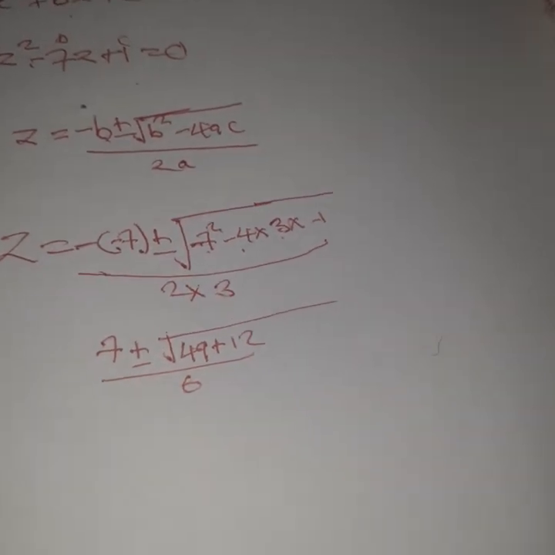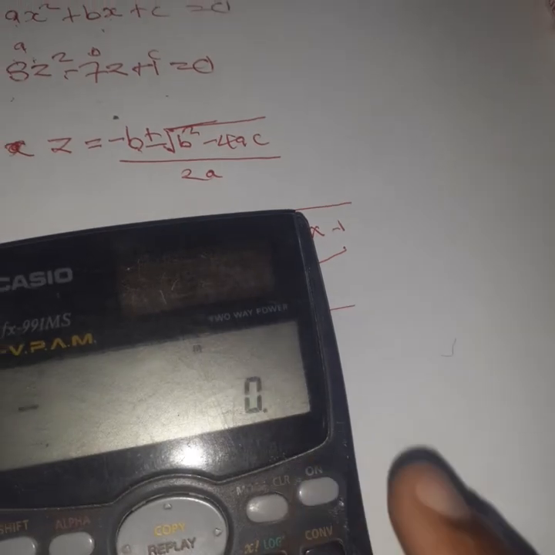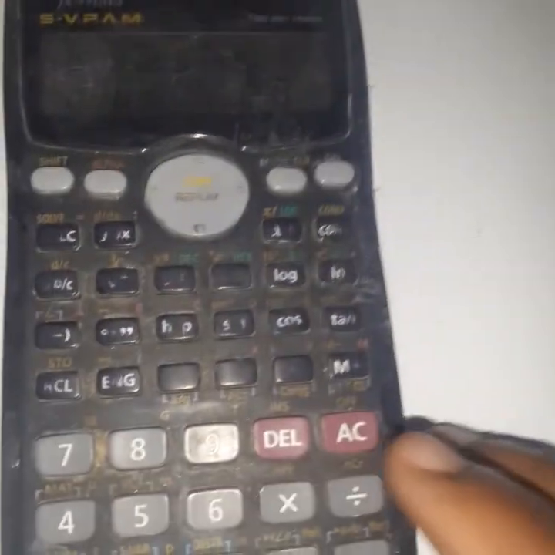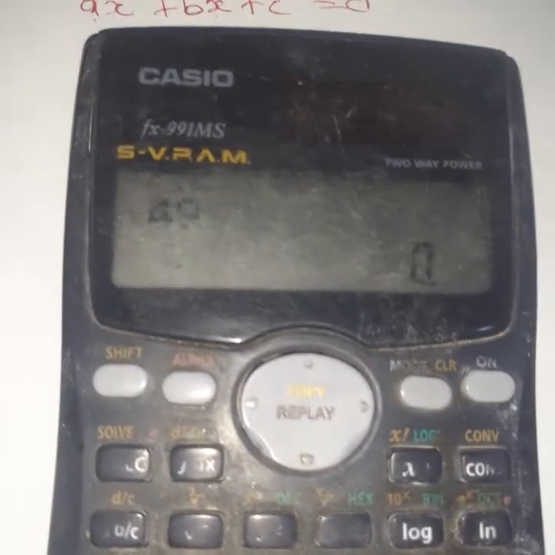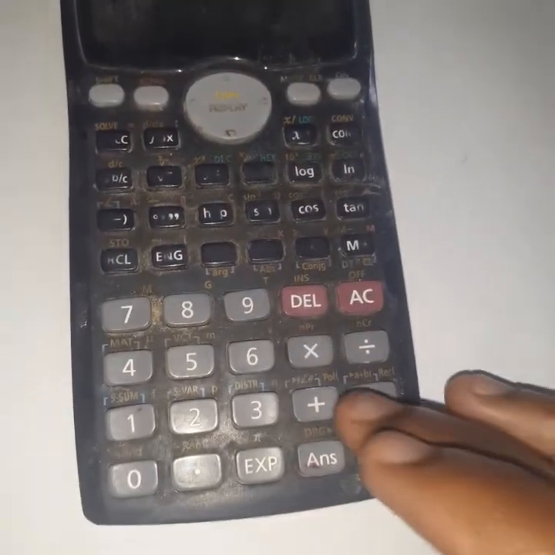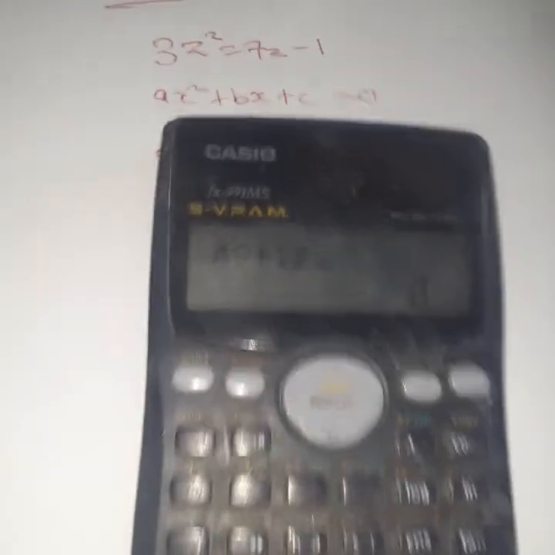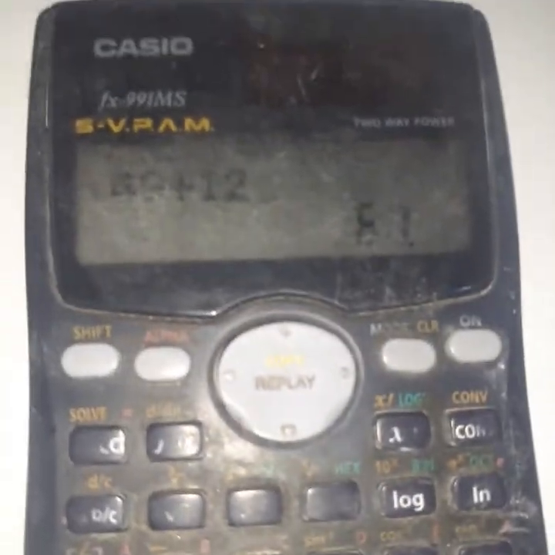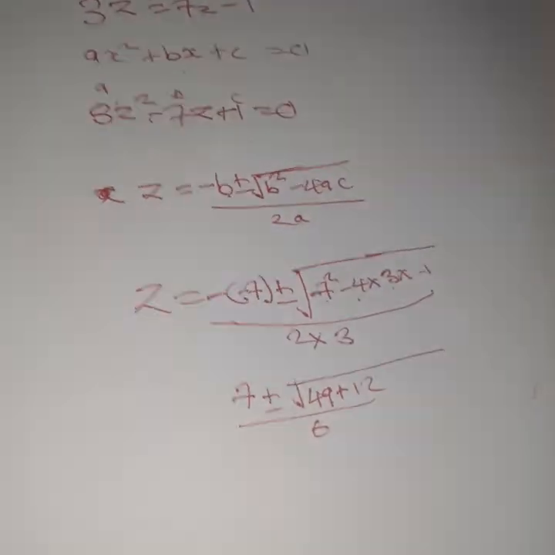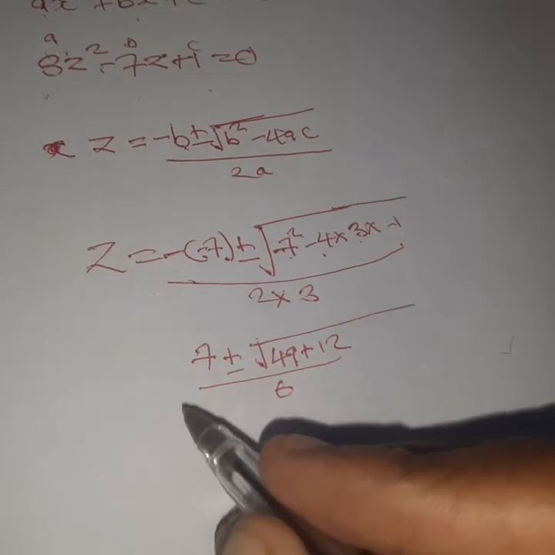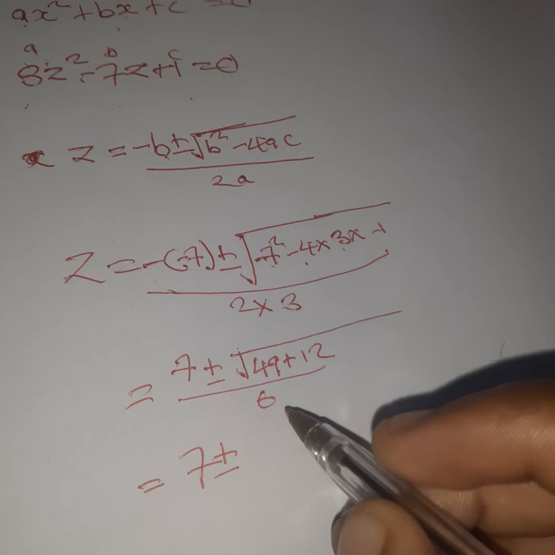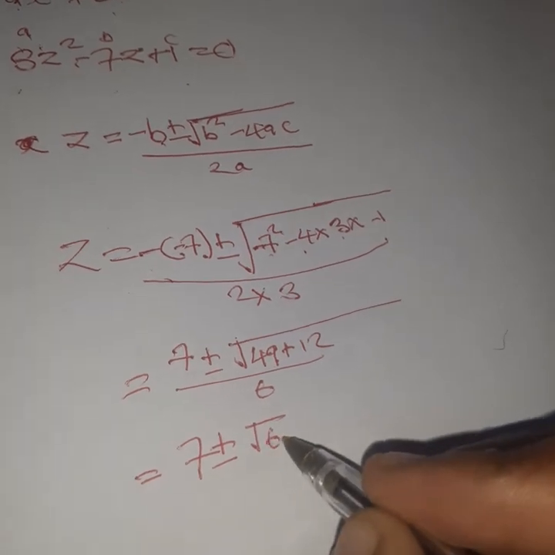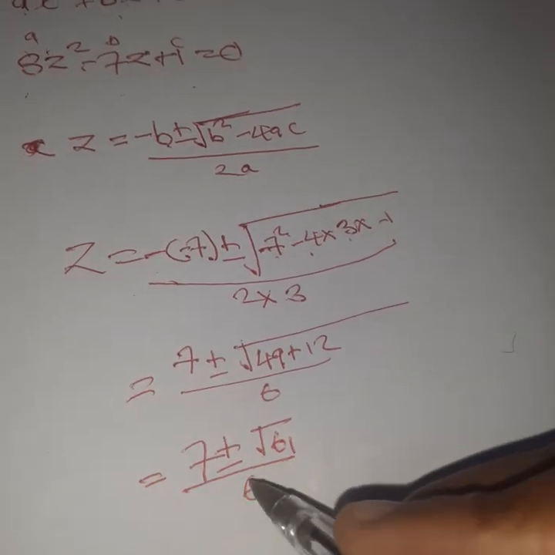Now if you add 49 plus 12, we get 61. So we have 7 plus or minus the square root of 61 over 6.